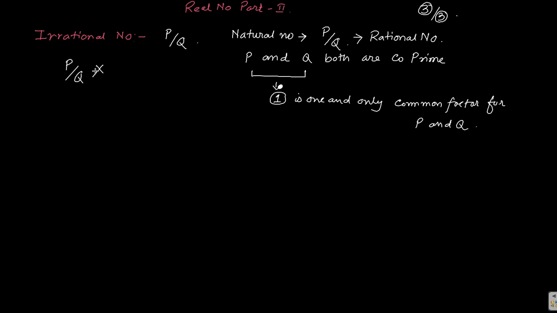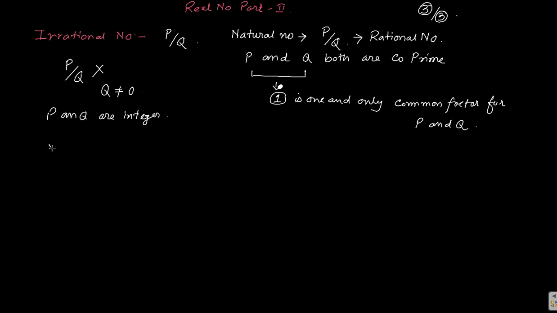But in an irrational number, we cannot represent the number in the form of p by q. It means there is no numerator and denominator by which we can represent the number. And obviously q is not equal to 0, and p and q are integers.